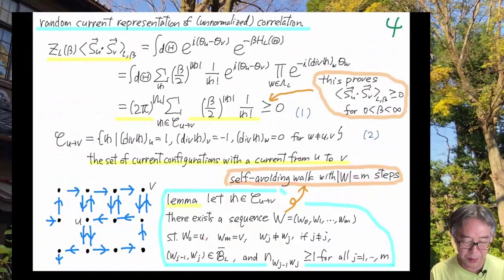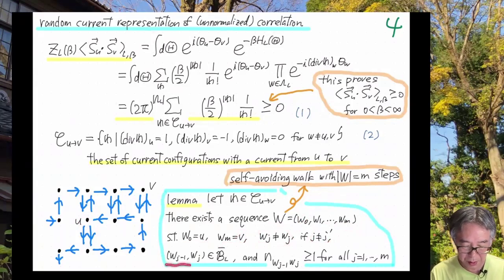I can prove that there exists a sequence w, which is just a sequence of sites, such that the first site is u, and the final site is v, and whenever j and j prime are different, then w_j and w_j prime are different. So this means that you never visit the same site, which means it's self-avoiding.